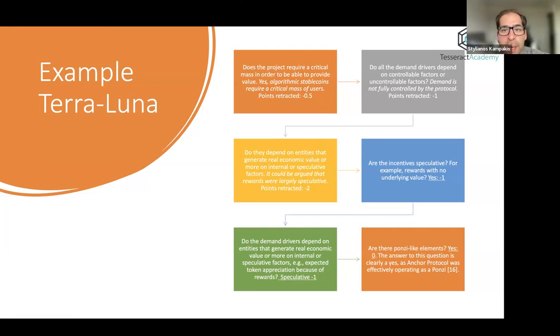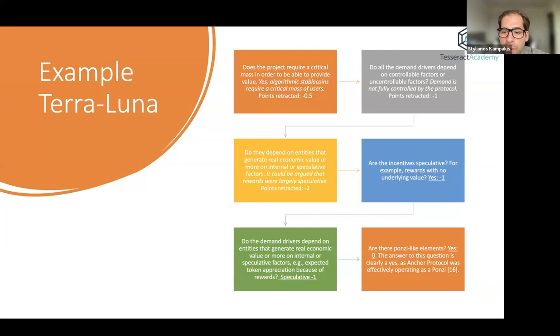You could say that rewards are largely speculative. In Terra Luna's case, they were actually trying to improve rewards and make them less speculative, but eventually this wasn't enough. Their efforts were not enough. Rewards in underlying value: the demand drivers depended on entities that generate real economic value or speculative factors.